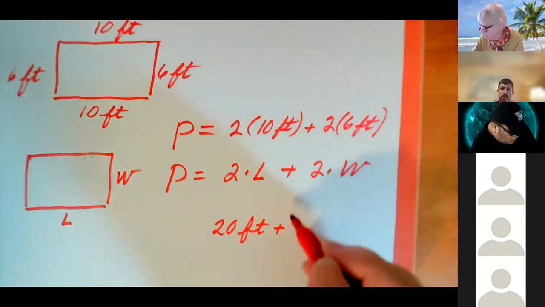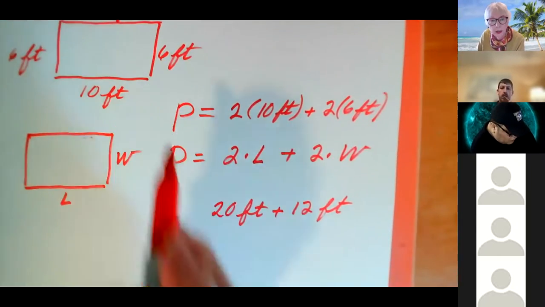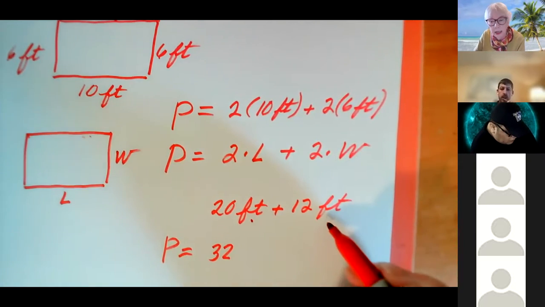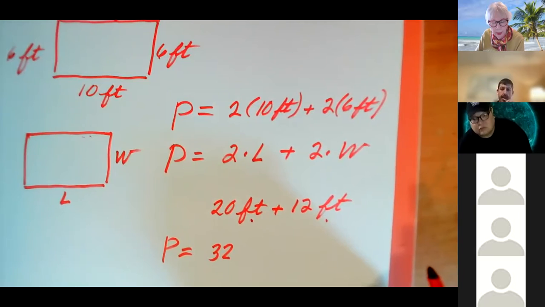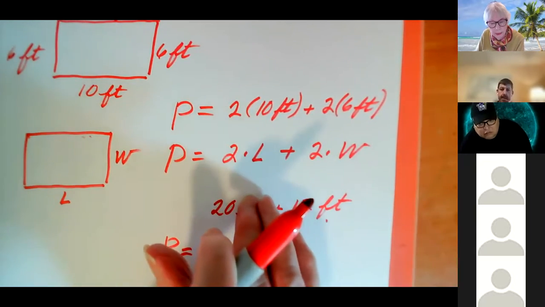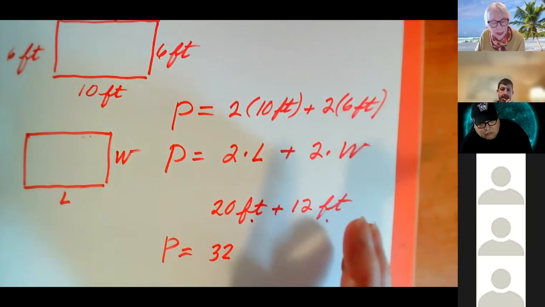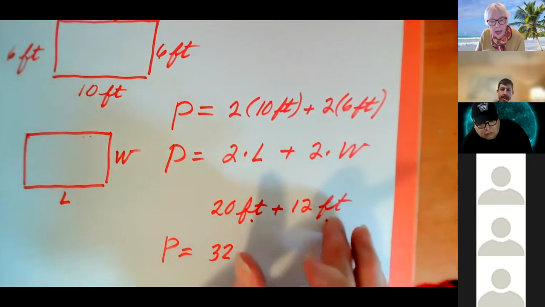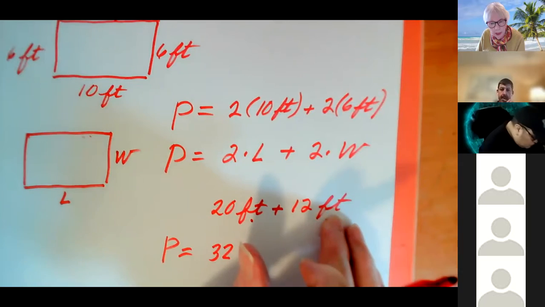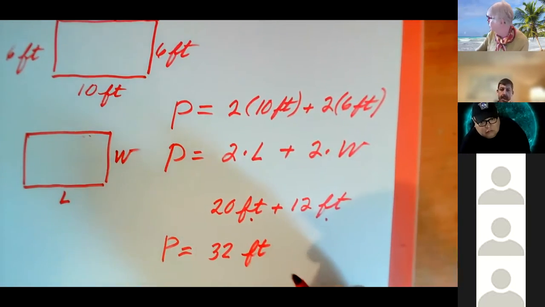And 2 times 6 is 12. So perimeter in this particular one that I gave would be 32. And notice this is feet and this is feet. If this was feet and this was inches, you couldn't add the numbers. You'd have to make them the same. So I've said before, and this kicks in again, if you're going to add, you must have like things. So this is feet, this needs to be feet. And so that's fine. That makes 32 feet. How's that?